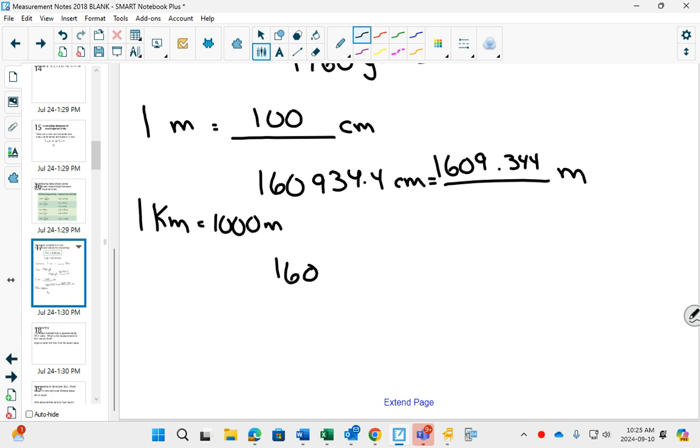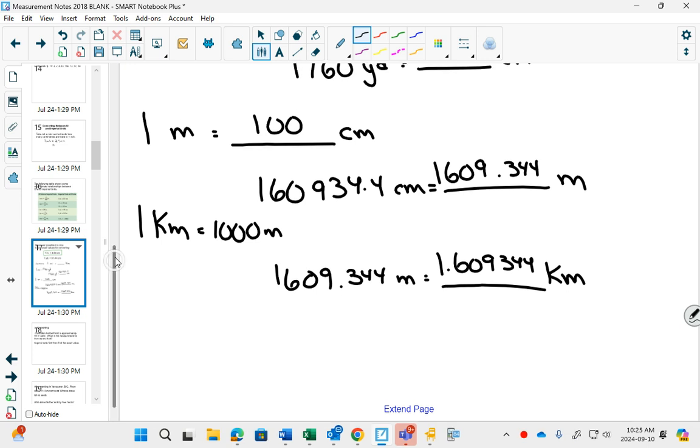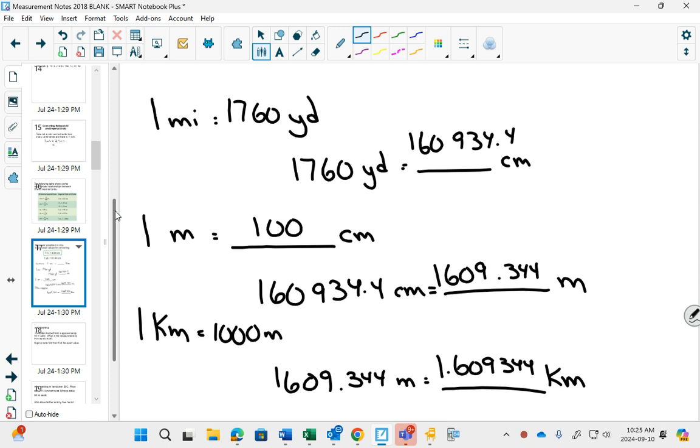So now if I want to change what I have in meters to kilometers, I would have to divide by 1,000. That we can do as well without a calculator. It's just moving the decimal place 3 times: 1, 2, 3. And we just figured out an exact amount.